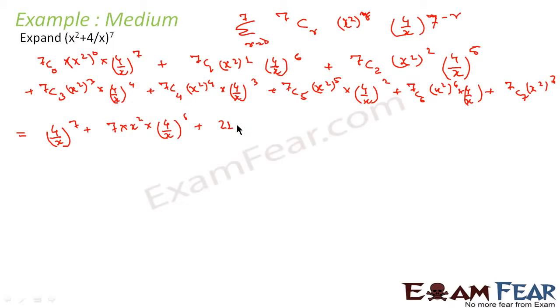If we solve this, we get 21 into x to the power 4 into 4 to the power 5 by x to the power 5, plus 7C3, which is equal to 35, into x to the power 6 into 4 to the power 4 by x to the power 4.